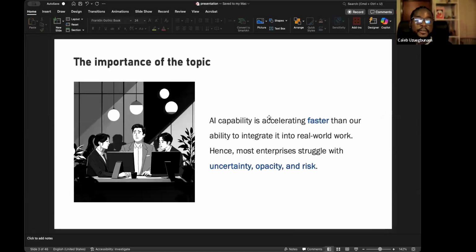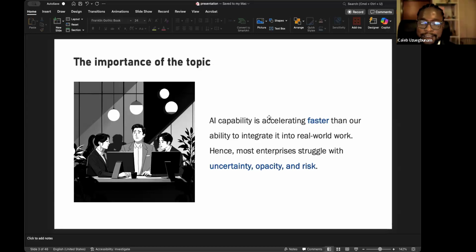Then why is this topic important? It's very important because when we're dealing with non-deterministic systems like current AI models, LLMs, non-predictability, things like inconsistent outputs, they tend to be more of a feature than a bug.